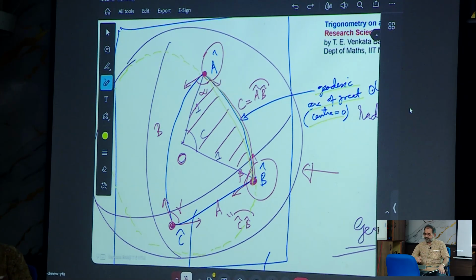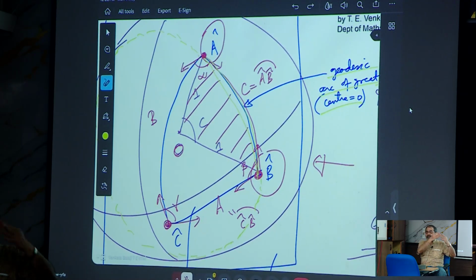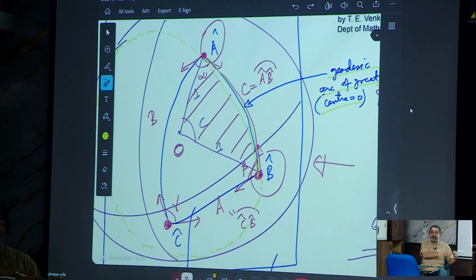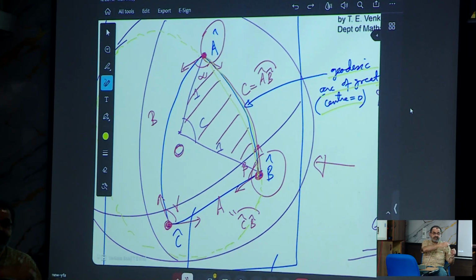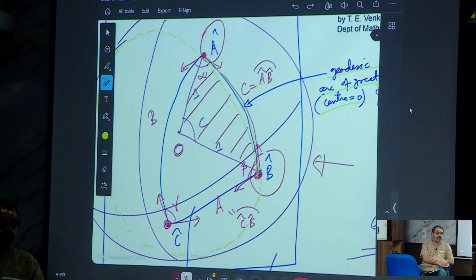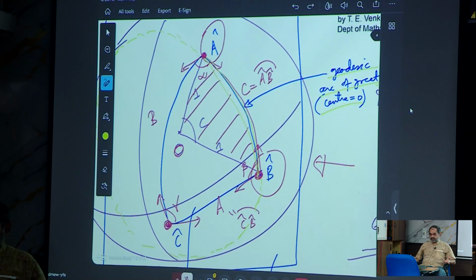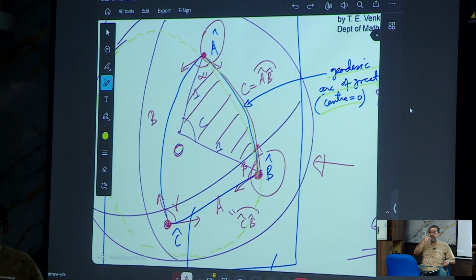Okay, so the point is, if you did trigonometry on the plane, by taking 3 points and joining them by line segments which are geodesics, curves of shortest length which turn out to be straight line segments in the plane, and you want to mimic that on a sphere, you have to take 3 points on the sphere and join them by great arcs of shorter length connecting those 3 points, and you get what is called a spherical triangle.